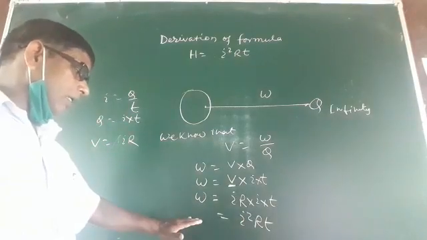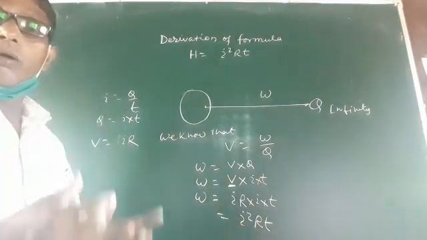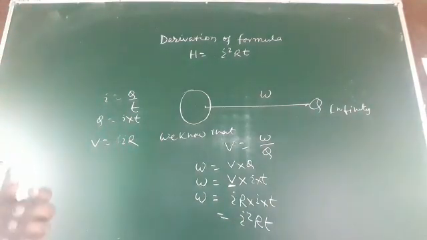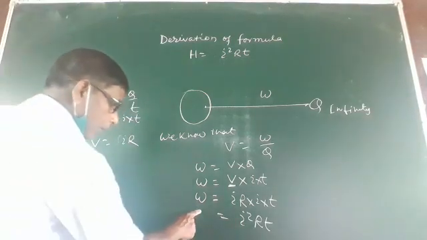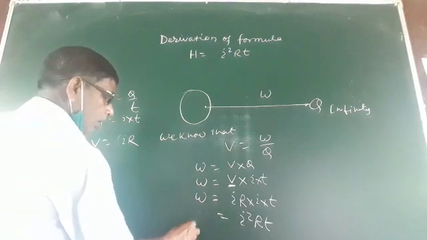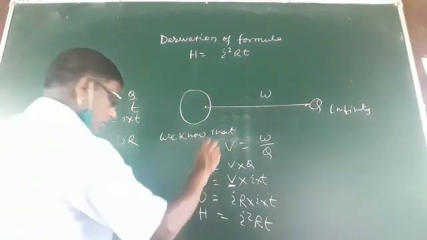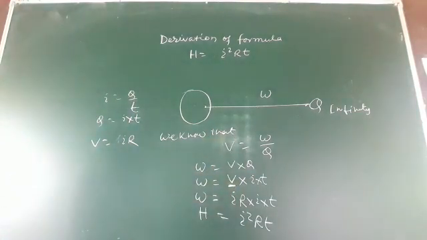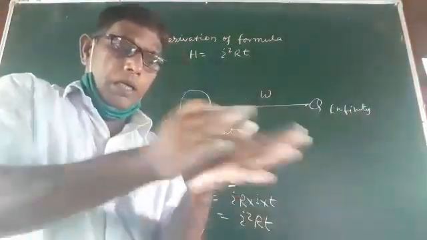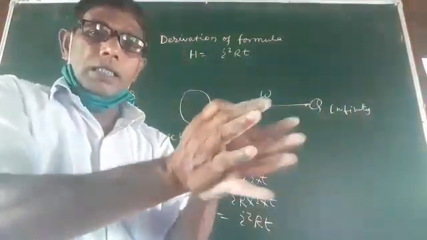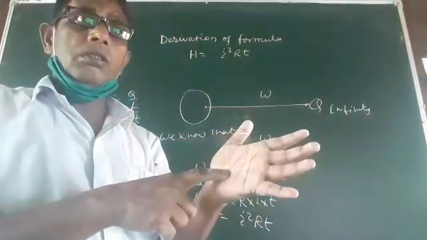This work done is stored in the object in the form of heat energy. So in place of W, we can write H. Because whenever we perform work, for example when I rub my two palms, what happens? It becomes hot.